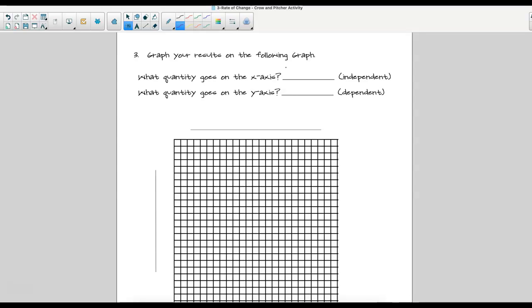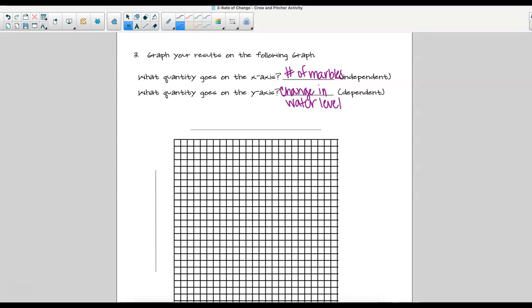Okay, so the number of marbles is independent and the change in water level is dependent. How much the water level changed depended on how many marbles we put in the cylinder.